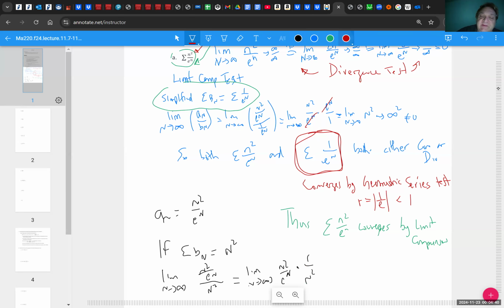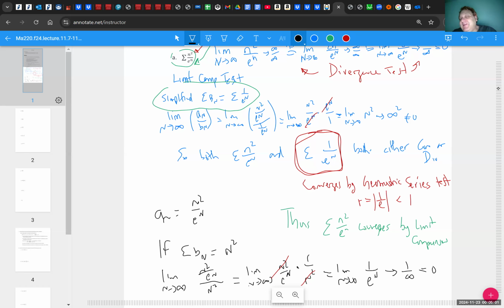We get that nice simplification again because of the same thing on top and bottom. Then the limit as n goes to infinity, all that's left is 1 over e to the n, which goes to 1 over infinity, which is 0.